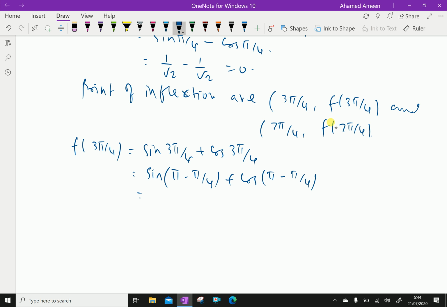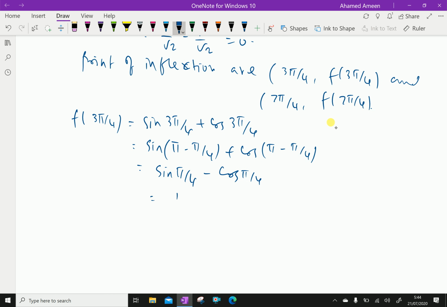This is sine of pi by 4, because in the second quadrant sine is positive, and cos is negative, so minus cos of pi by 4, which is 1 by root 2 minus 1 by root 2. So it is 0.